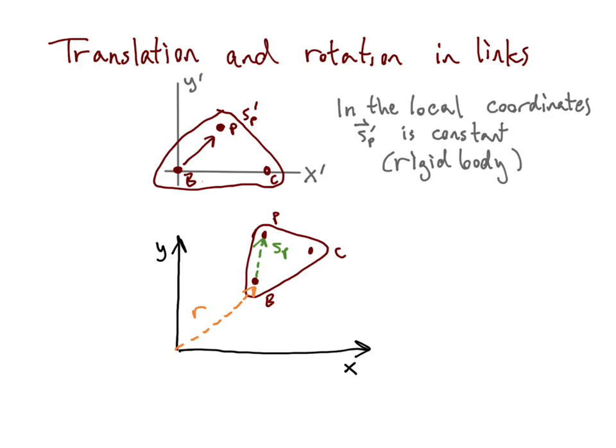The coordinates are how we express the vector. But SP is when we express it in the XY plane. And if we wanted to discuss point P, we could say that RP, the distance from the origin to P, would be equal to the vector R plus the vector SP. So that'll be our vector RP.